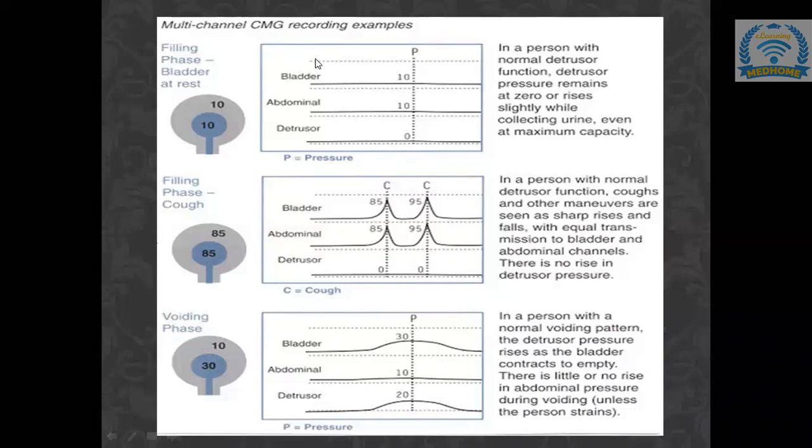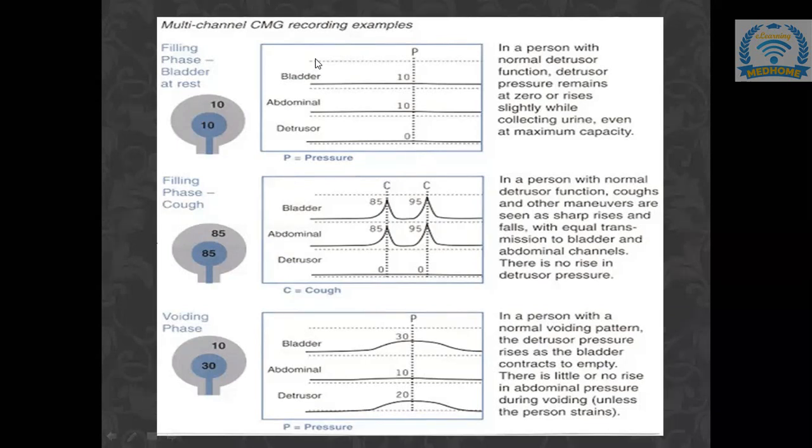Ma'am, I have a question. How to diagnose mixed incontinence? Mixed means urgency and stress, urge incontinence and stress incontinence.